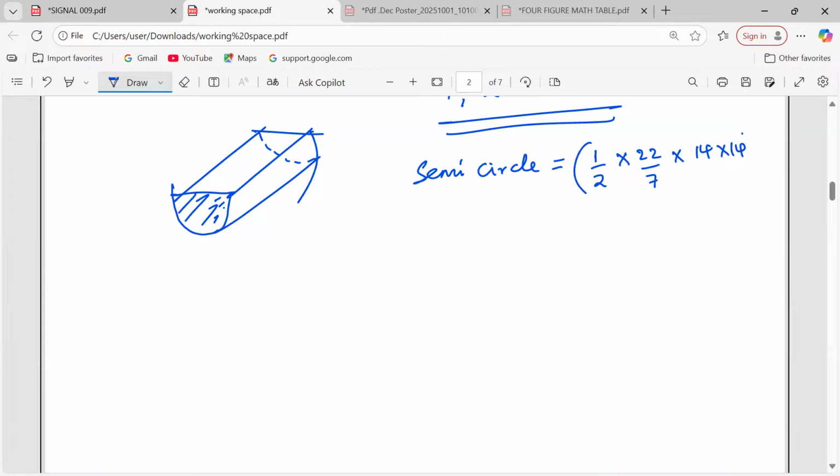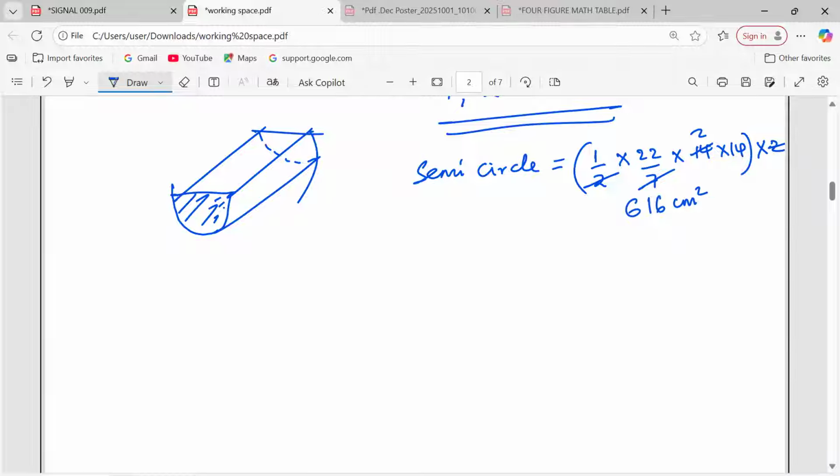But now we are to multiply this by 2 because there are 2 such faces. Half pi r squared, so we have 2 such faces. That's why in our working, the 2 can already simplify with the half. Then the 7 with one of the 14s. Now we are having 22 by 2 by 14. This will give us 616 square centimeters. We are done with the semicircular parts.